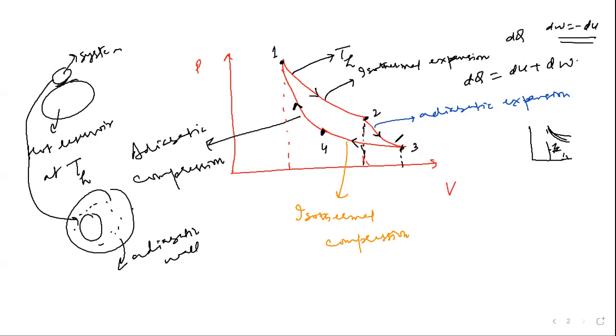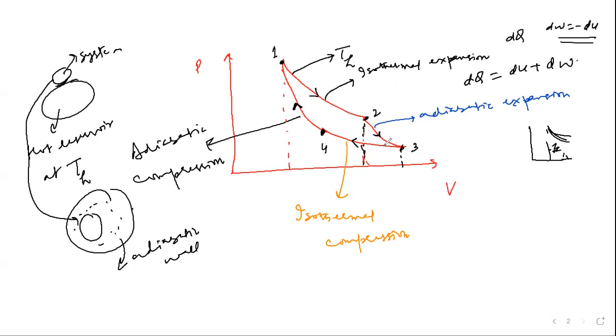That means work done by the gas is at the cost of its internal energy. So the internal energy of the gas decreases, so the temperature of the gas decreases, because U is a function of temperature only. You already know that during adiabatic expansion of an ideal gas, its temperature reduces. So from 2 to 3, the gas cools down.